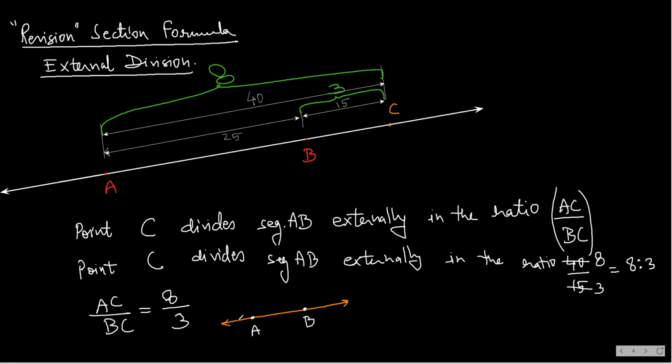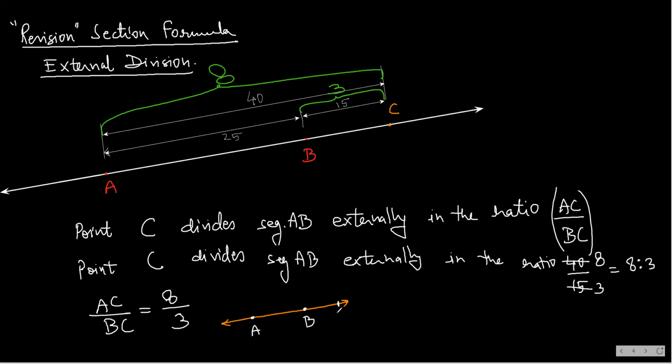So where should that C be? If I have C here, then A to C is less and B to C becomes more. How could I be writing 3 this and this as 8? I hope it is understood. C cannot be here if it is AC upon BC, 8 upon 3. So where should C be? C should be here.